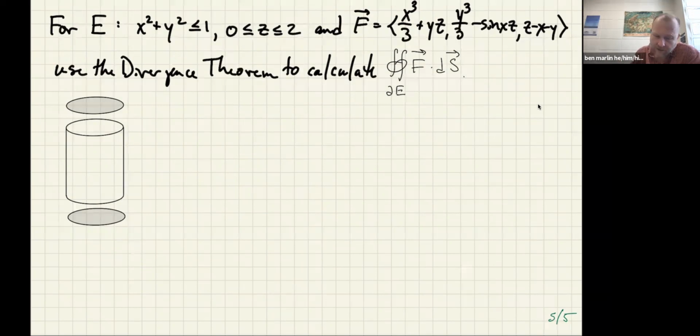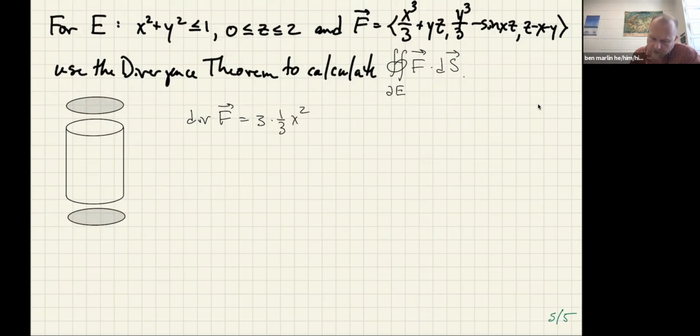But I'm going to calculate the divergence of this F. The junk here in the X entry, the derivative with respect to X turns out to be 3 times 1/3 x squared.